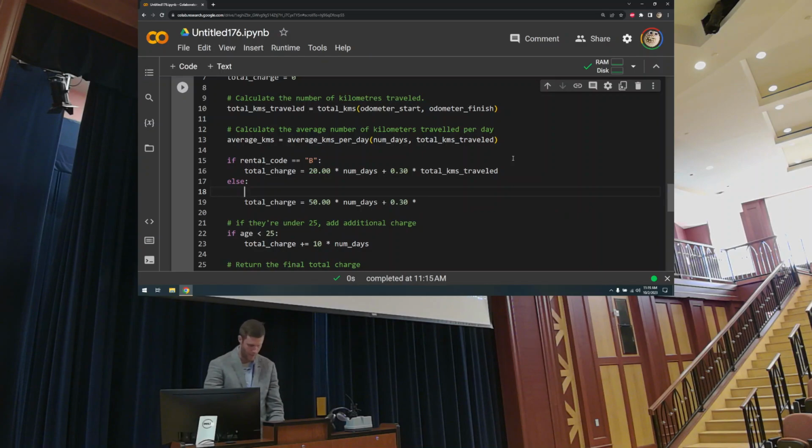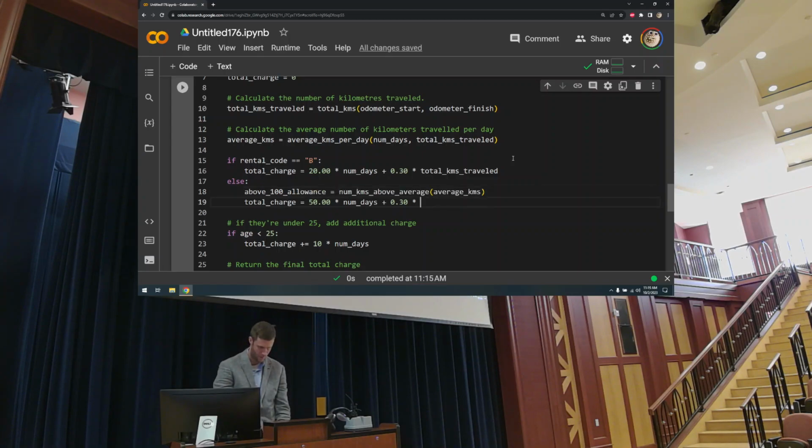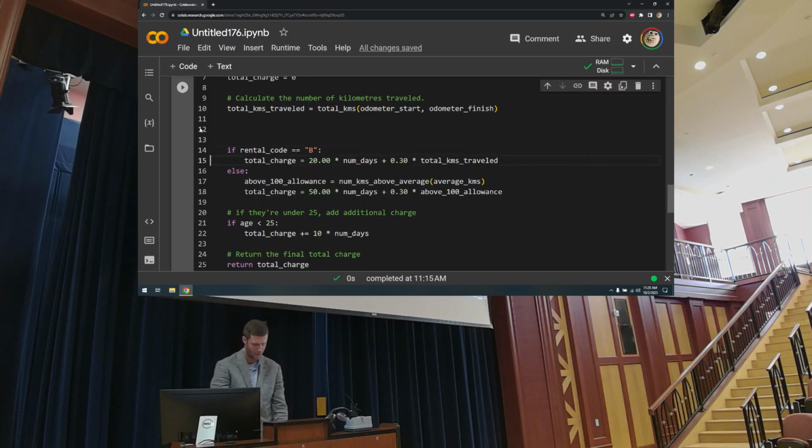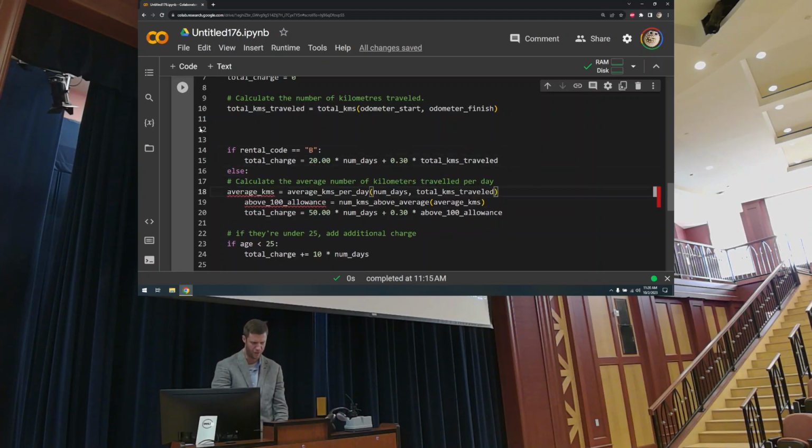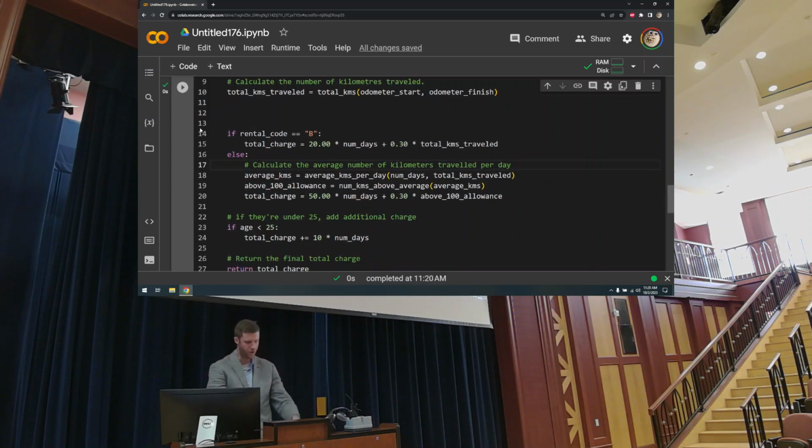Maybe I could do like, times, okay. Right? Now maybe it's a little nicer. And you know what? Average kilometers, I only really need to know this if it's rental code D. So maybe it's better served in there.